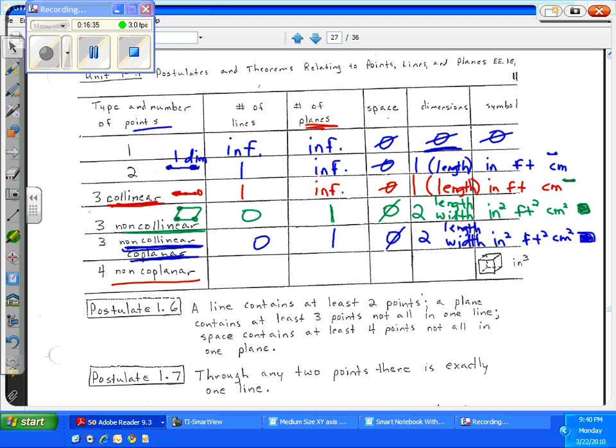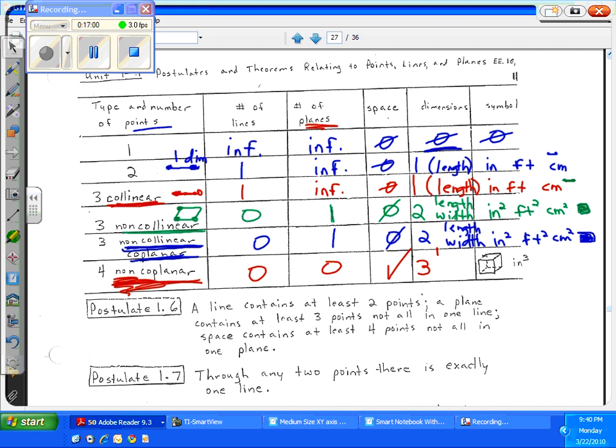When we take four non-coplanar points, we now have determined space. If they're non-collinear or non-coplanar, there's not one line that'll hit them all. There's not one plane that'll hit them all because they're non-coplanar.